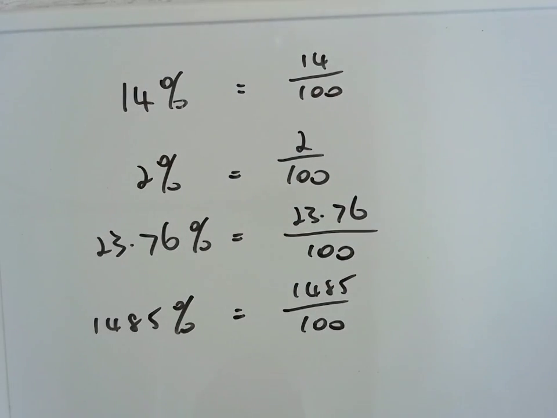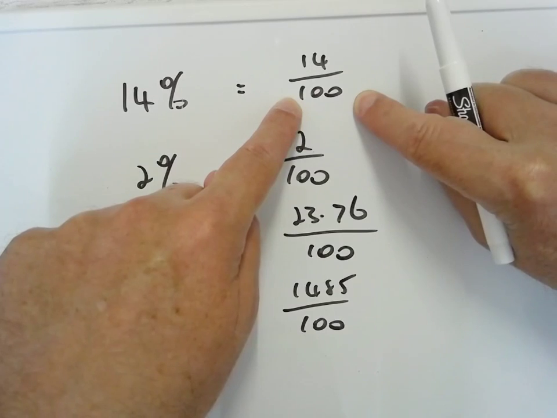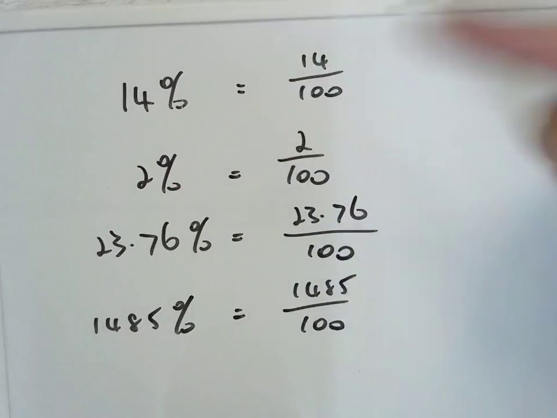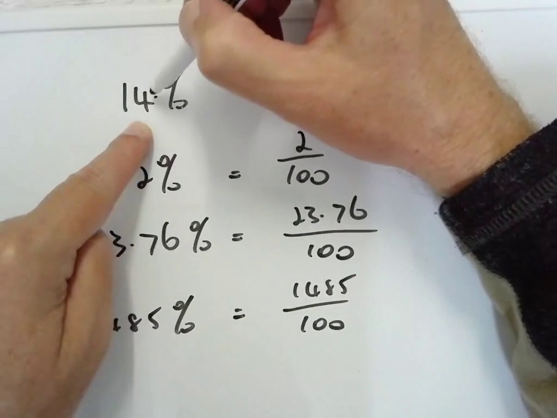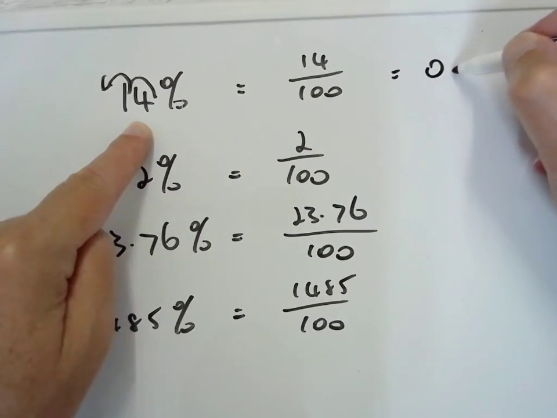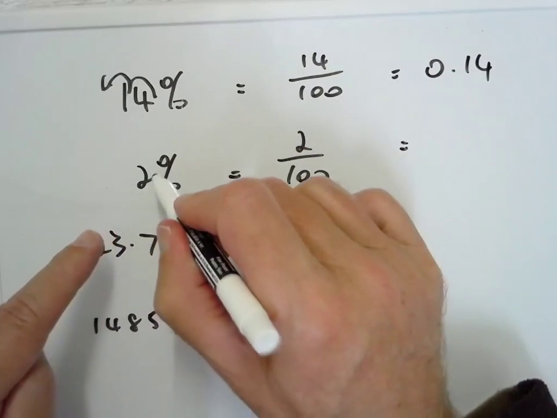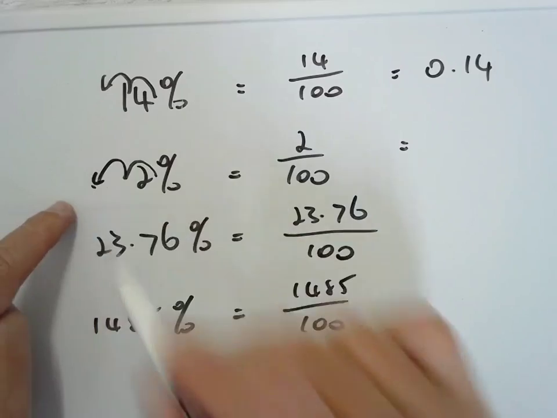We also need to go to a decimal. So, when we divide by 100, all we're doing is moving the decimal place two places that way. So, see 14%, we're going to divide by 100. So there's the decimal. We're going to go 1, 2. So as a decimal, 0.14. With our 2%, here's our decimal, and it goes 1, 2 over here.